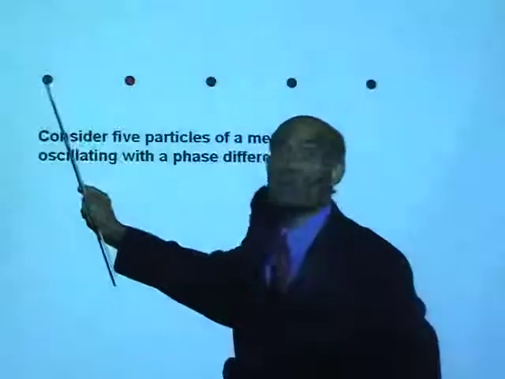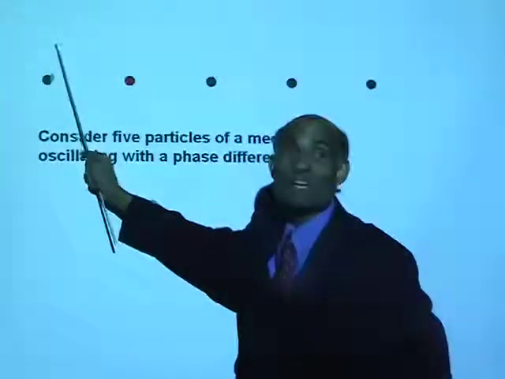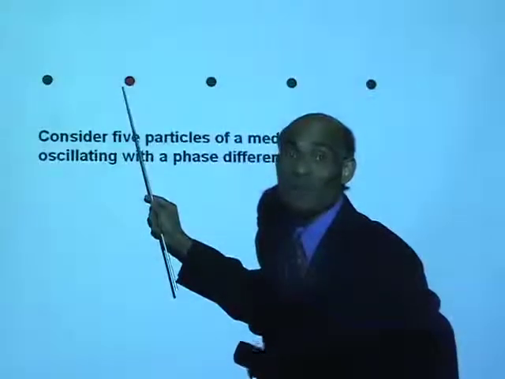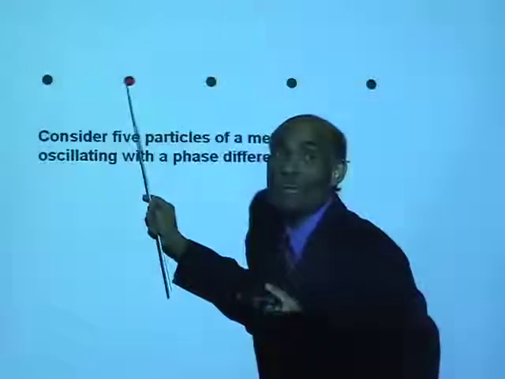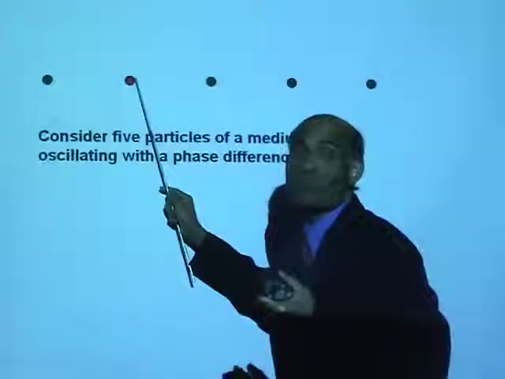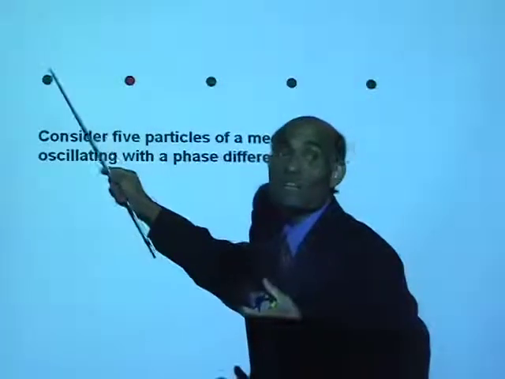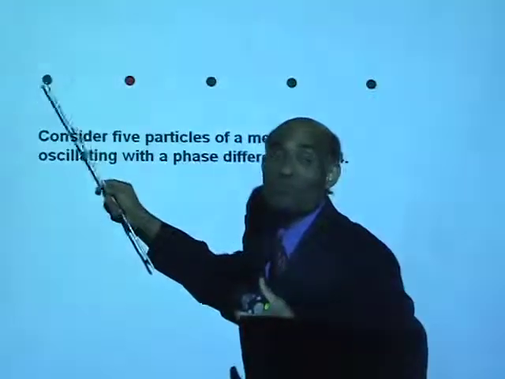It means when the first particle completes a quarter of a vibration, the energy will just reach the second particle, and it will begin. And when the energy reaches the third particle, the second particle would have completed a quarter of a vibration. The first particle would have completed half a vibration.